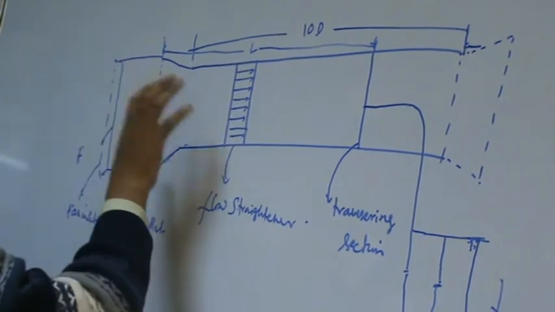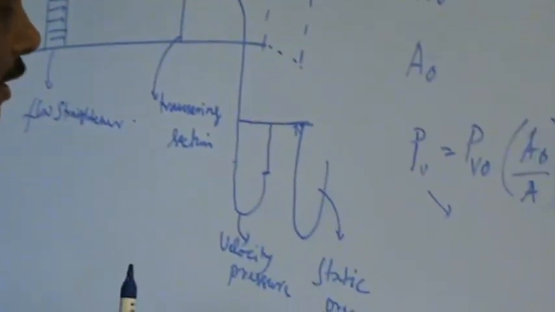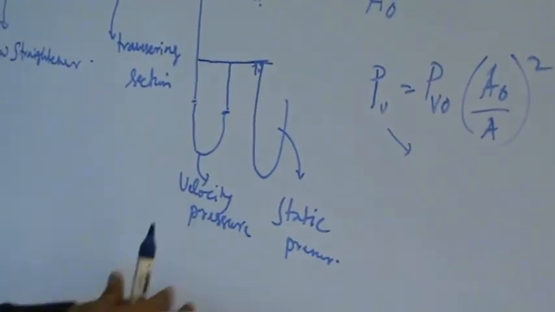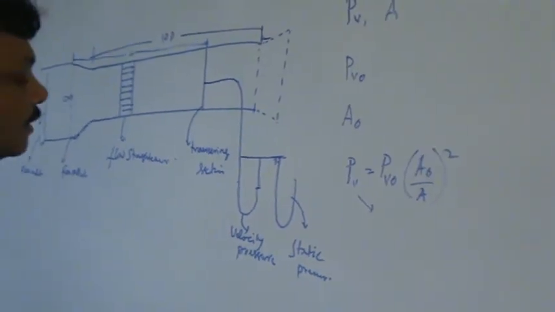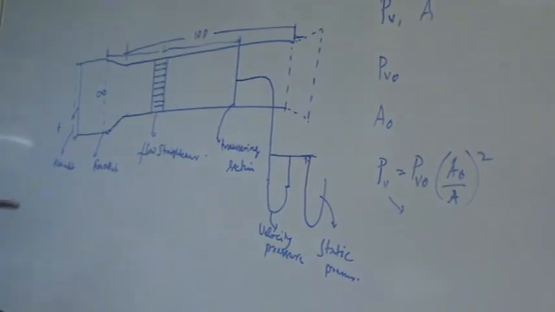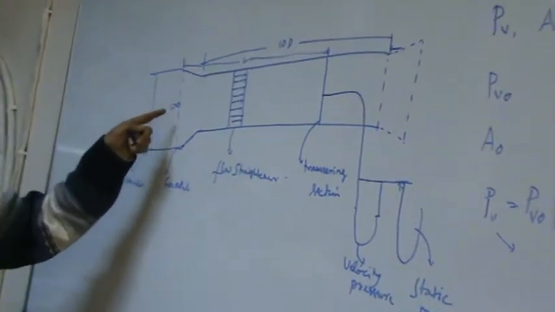Once I measure these losses and add up the static pressure, and on top of that add the velocity pressure, we can find out the fan's total pressure.